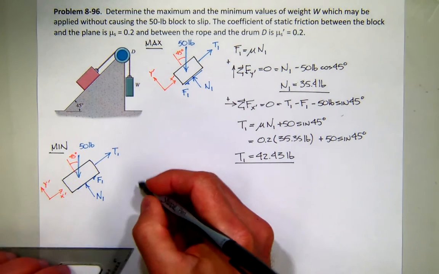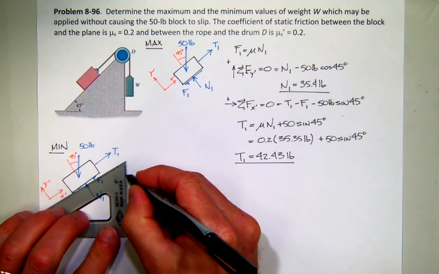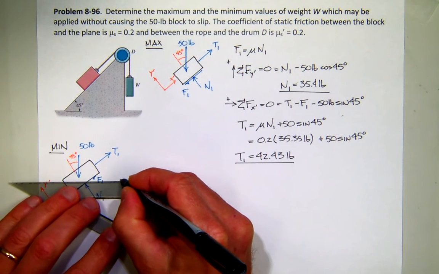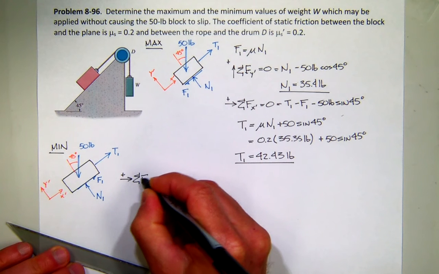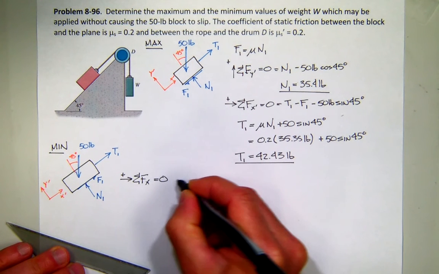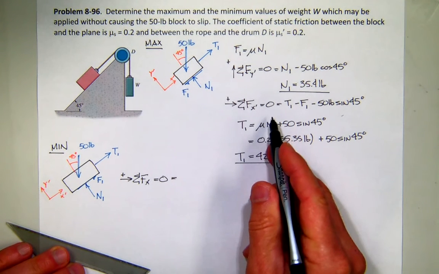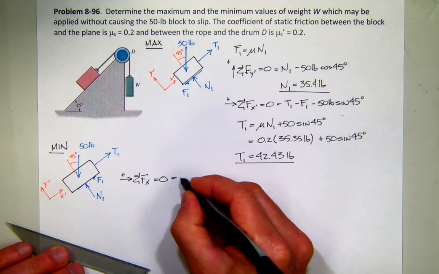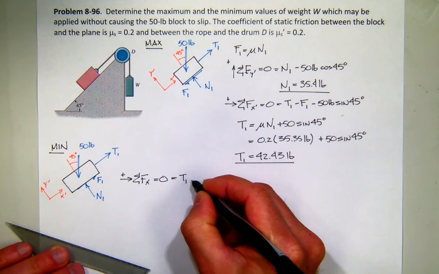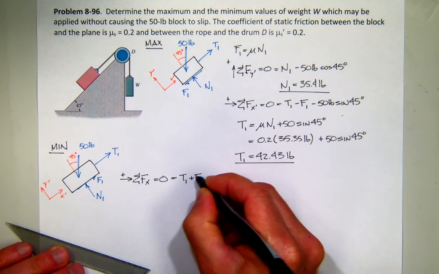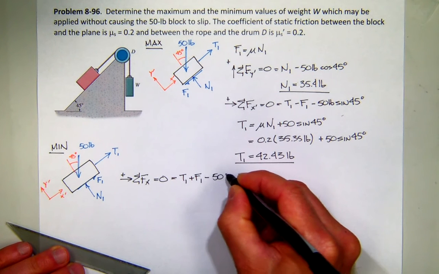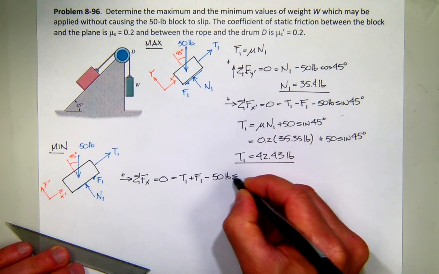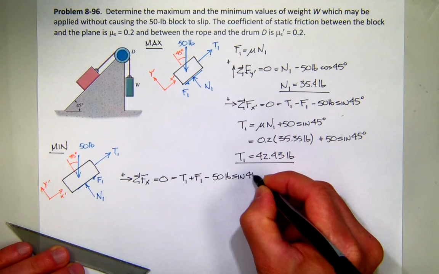Yeah, so here we'll sum the forces in the x. The equation is going to look pretty much the same, except the signs will be changed. So I'll still have T1. Now I'll have plus F1, and I'll have minus 50 pounds sine 45.